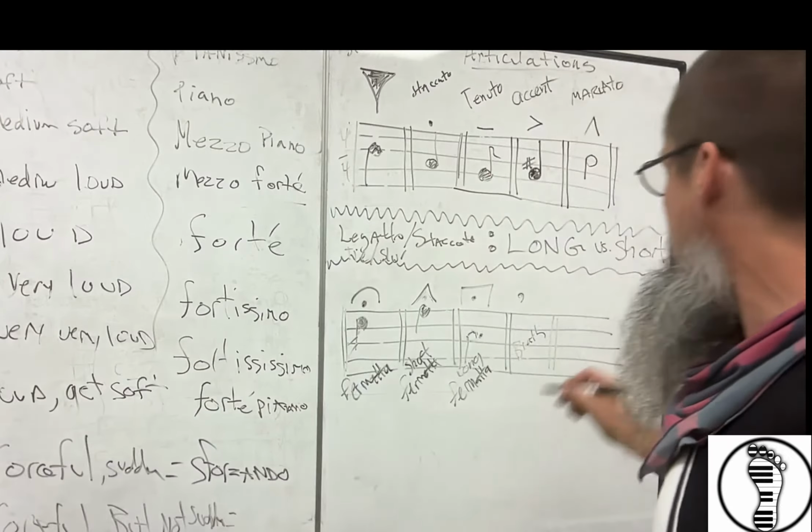Oh my goodness, none of my pens work. There it is, D-I-M. You would see this written above your measure, just like all these are right above the note, you would see dim written right above it, and you would know to use that diminuendo because the diminuendo indicates either a gradual increase or a gradual decrease.